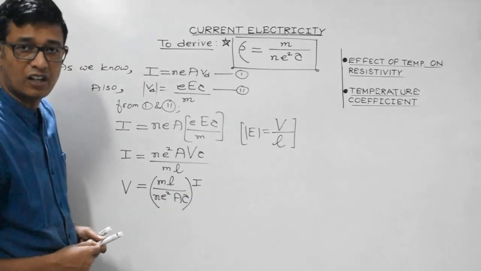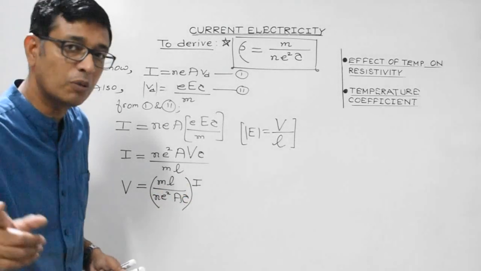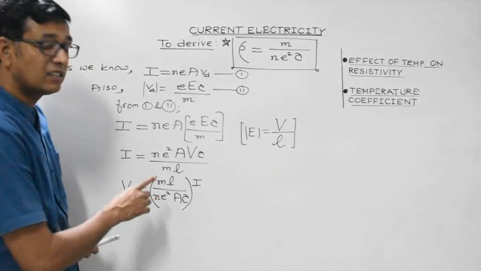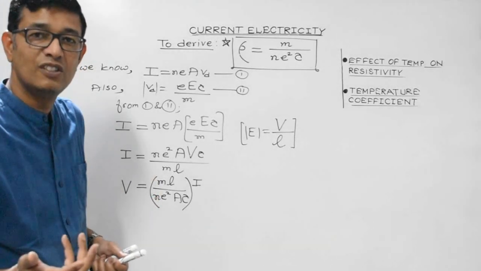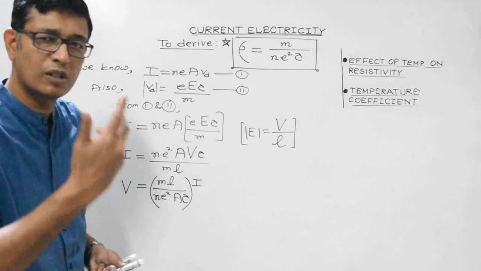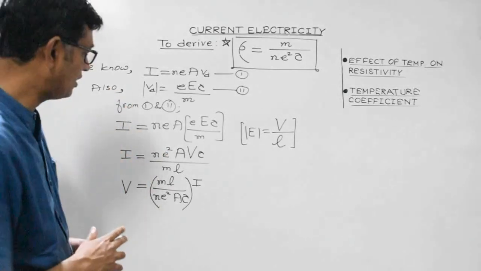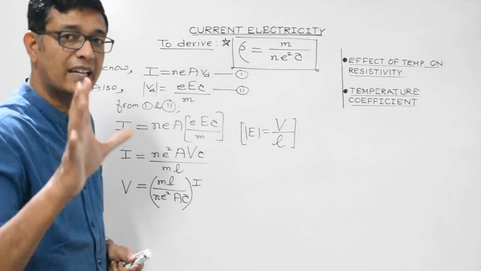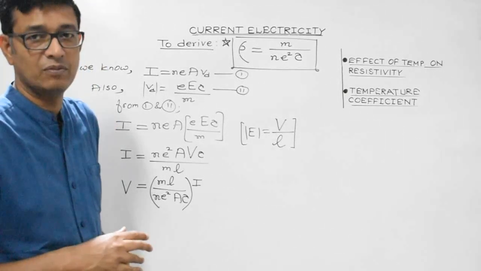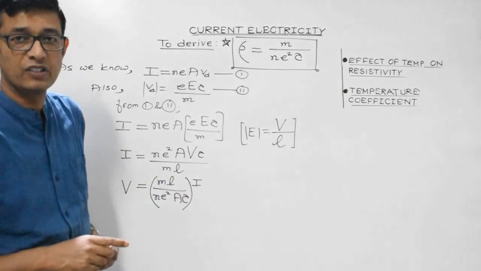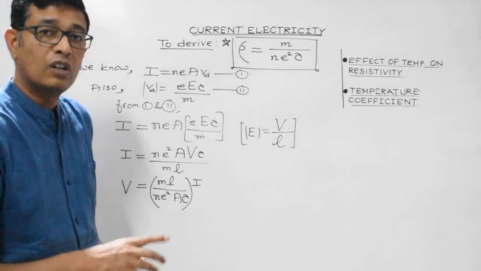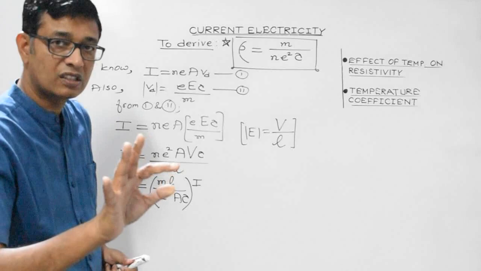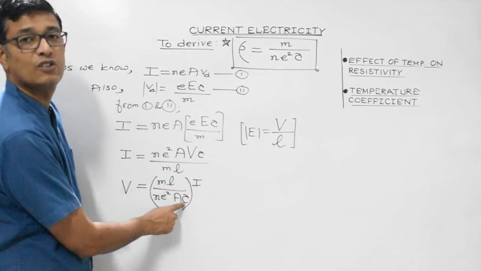E is the electronic charge, as I told you, it's 1.6 into 10 to the minus 19 coulomb. N is the number density of electrons, which for a given material would remain the same, it won't change, right? Tau, students, is the average relaxation time, and it depends on temperature obviously, right? So, in case temperature remains constant, then tau will also remain constant.